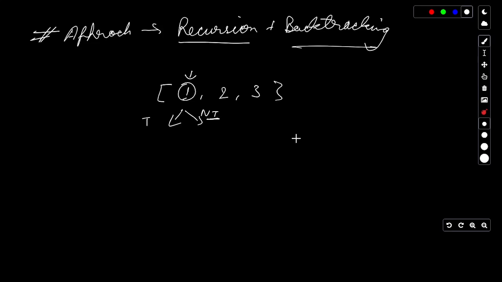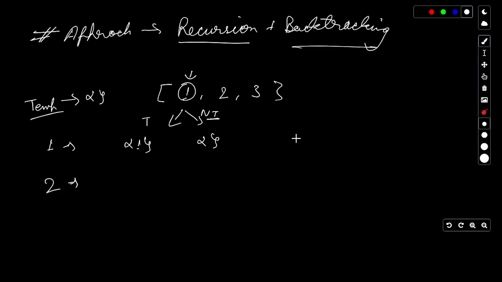If we take this particular number, and this is the first level of our tree, then we will have a subset like this. If we do not take this number, then we will be left with the initial state of the temporary subset.